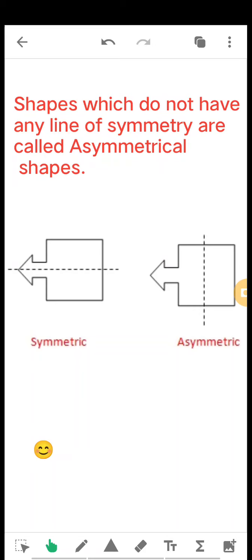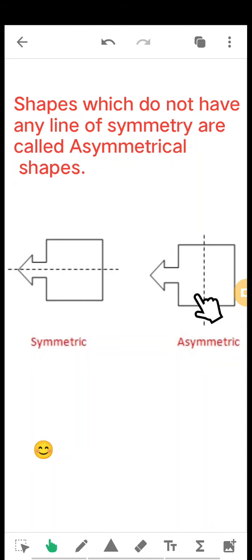Now, shapes which do not have any line of symmetry are called asymmetrical shapes. Students, here you can see examples of both symmetrical shape and asymmetrical shape. You can see this shape. This line divides this shape into two equal halves.